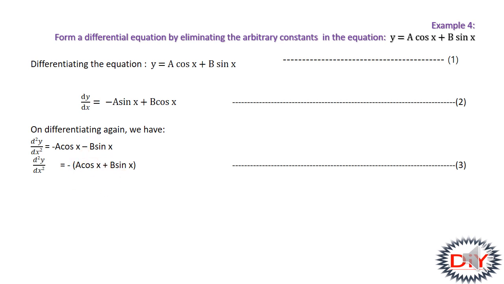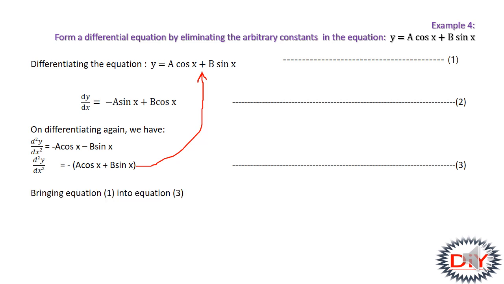So we can now see that this and this now have some kind of correlation, some kind of agreement between them, only that this one has minus and this one has no minus. So now we can draw a relation between equation 1 and equation 3.